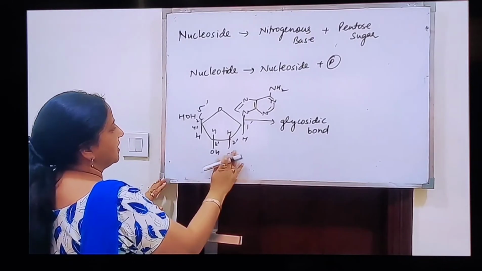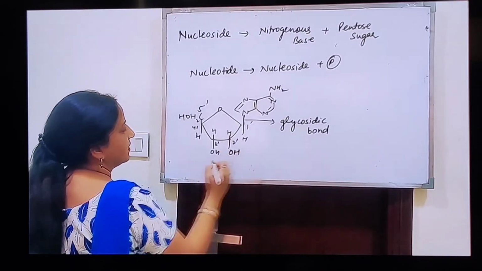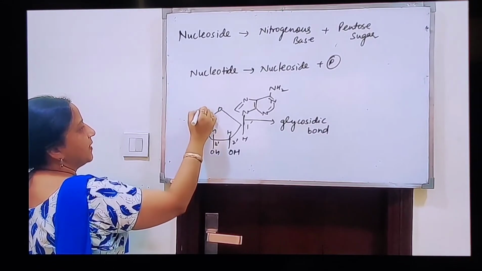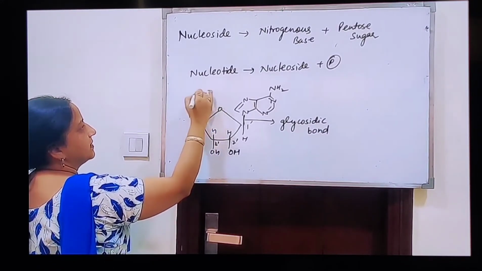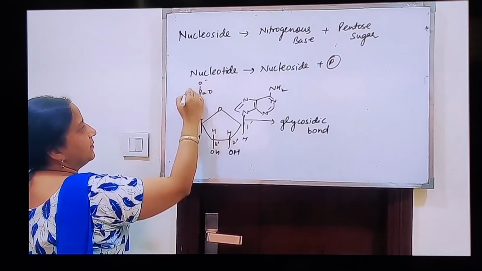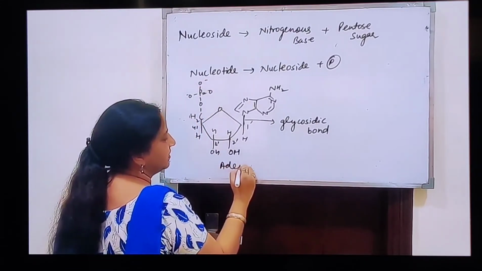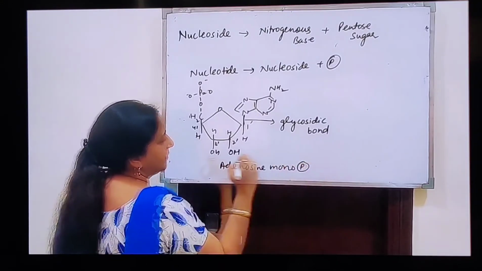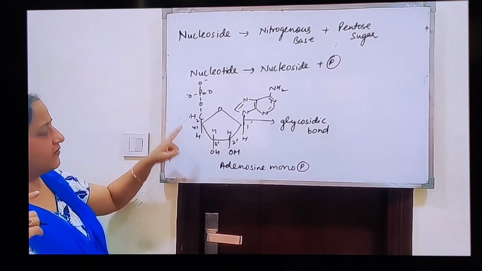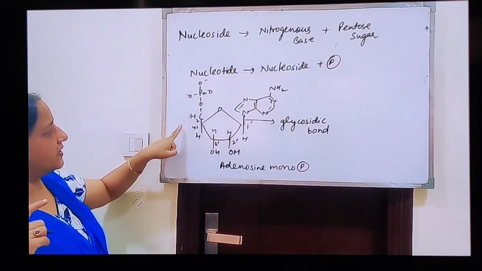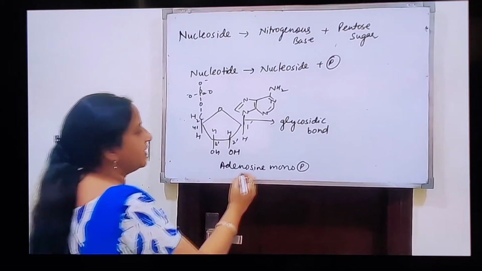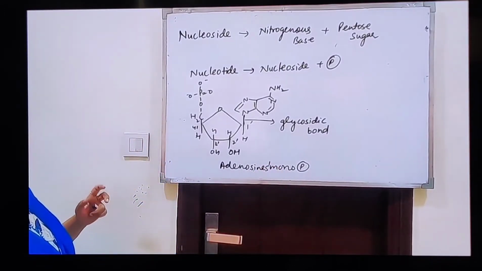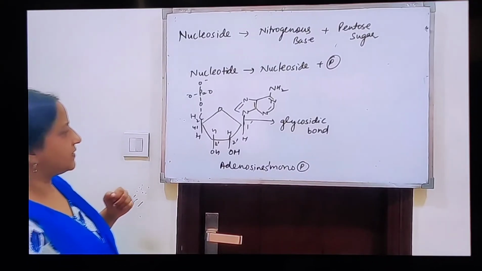If I attach a phosphate group at 5' carbon, like this, then it becomes adenosine monophosphate, because one phosphate group is attached at 5' carbon. You can write adenosine 5' monophosphate.